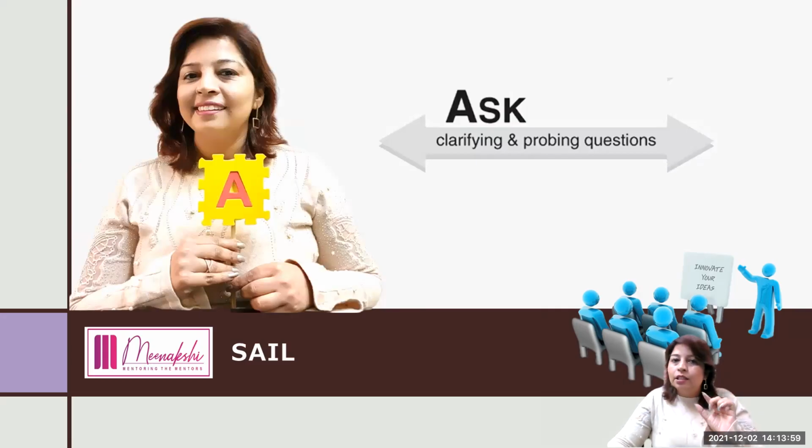The second letter of the word SAIL is A, right? Ask. A stands for ask. First of all, it was the turn of the presenter when the presenter shared the project. Like I have already told you, it can be an individual or a group presentation. Now, second step, ask. As you can see, have a look at the first part.